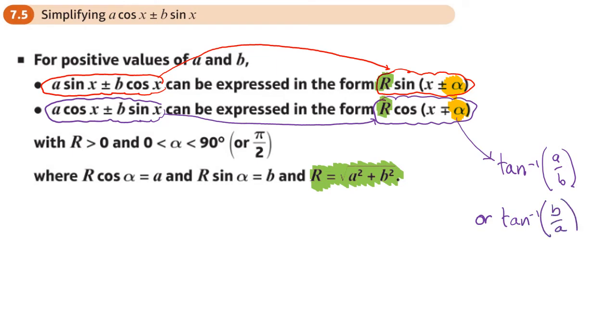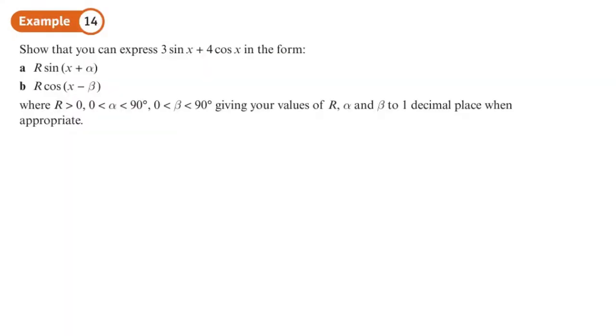So in these questions we only need to do two things. We'll be told which form it needs to go in, either the form at the top or the form at the bottom. We'll be told that in the question. What we need to do is just to work out what r and alpha are, and then once we've done that, it makes this expression over here much easier to deal with and much easier to solve equations, things like that. So it's probably best to get straight into an example.